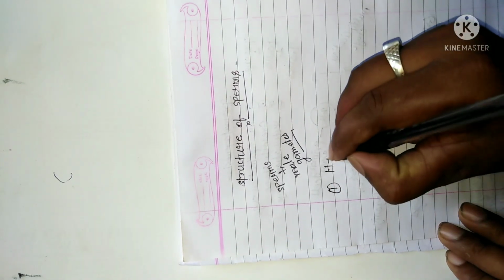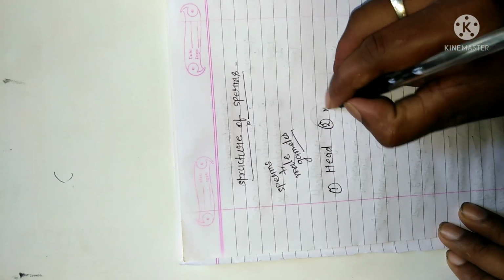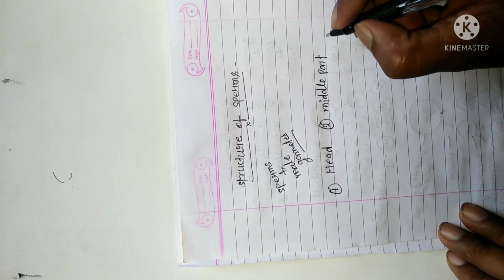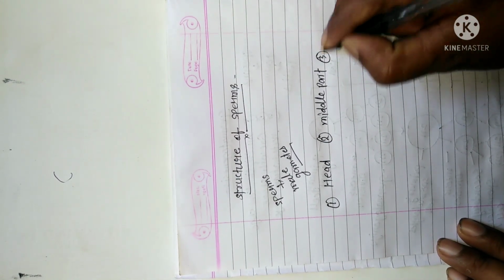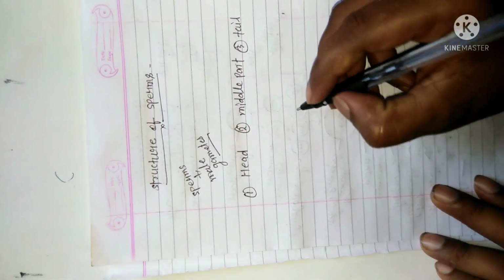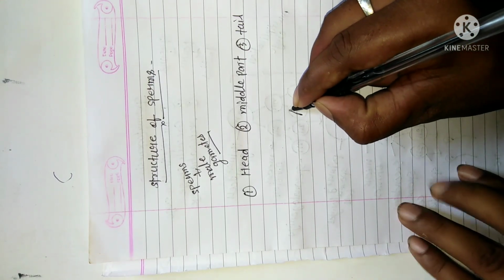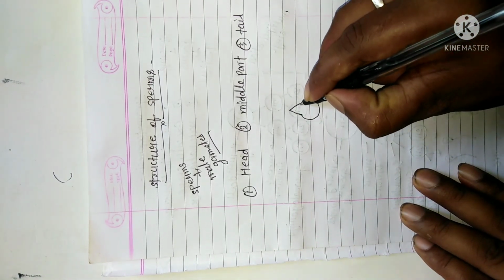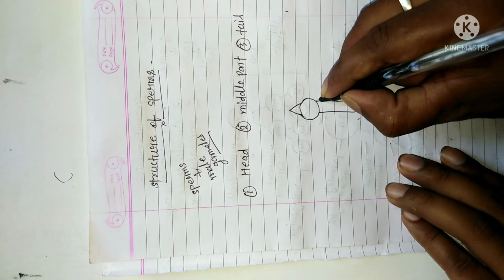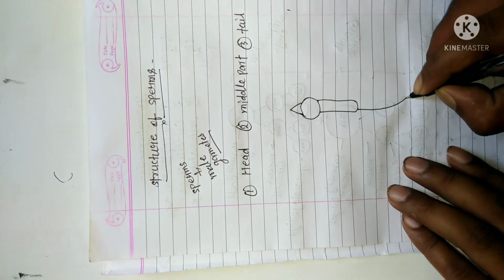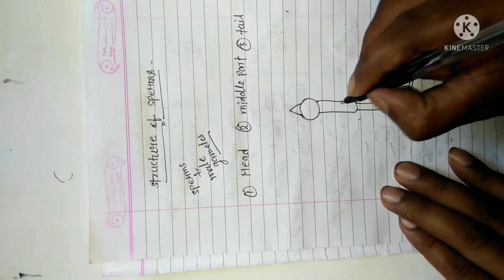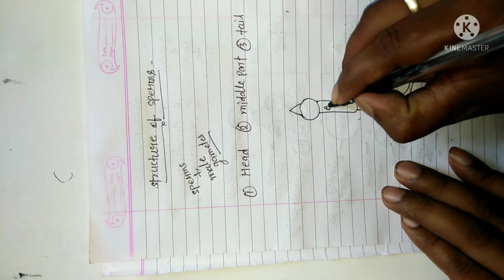Number first, head. Number second, middle part. And third is tail. This is sperms.